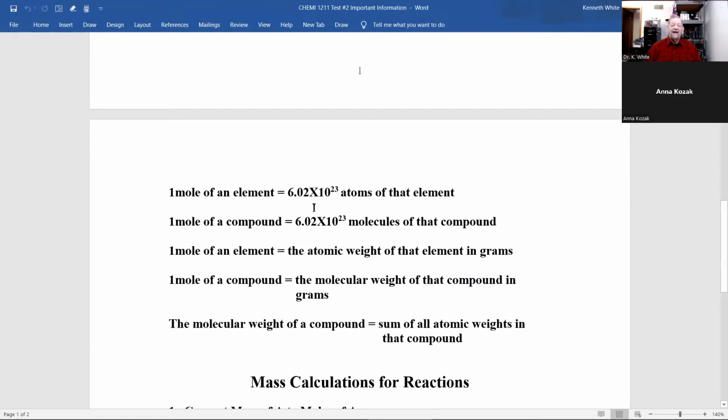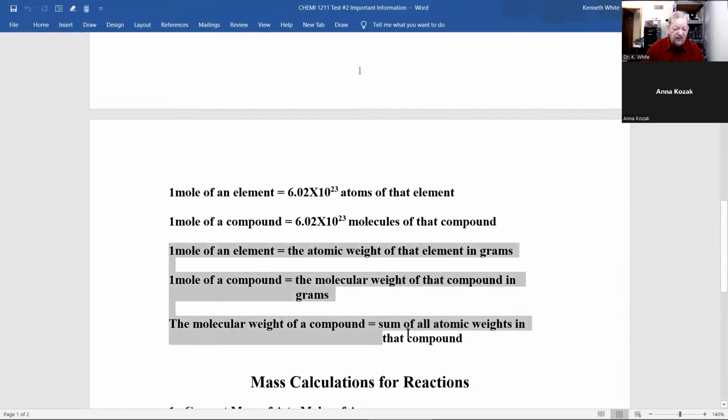What I have here, I'll be reposting as test number 1 review or important information. This will be at the back of your exam, test number 1. I've cut down on memorization, and we're now discussing these 3 areas.